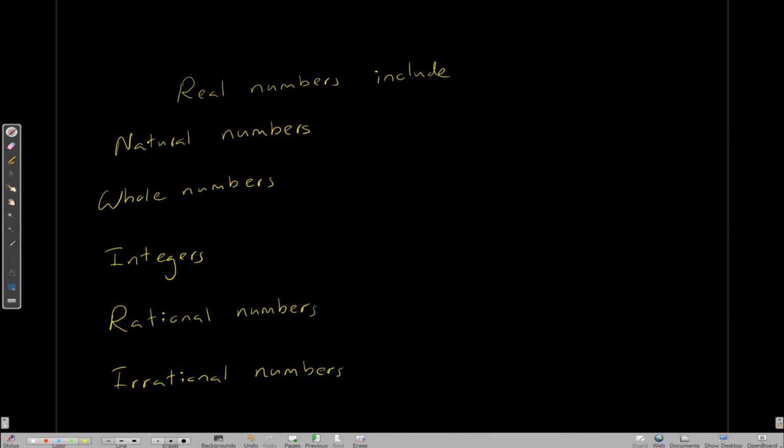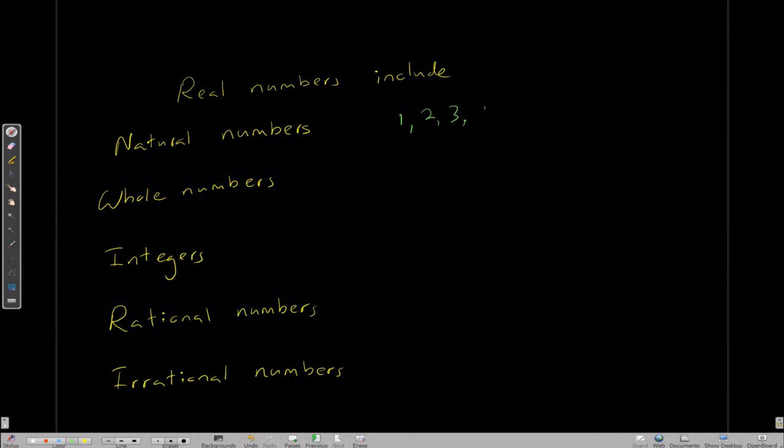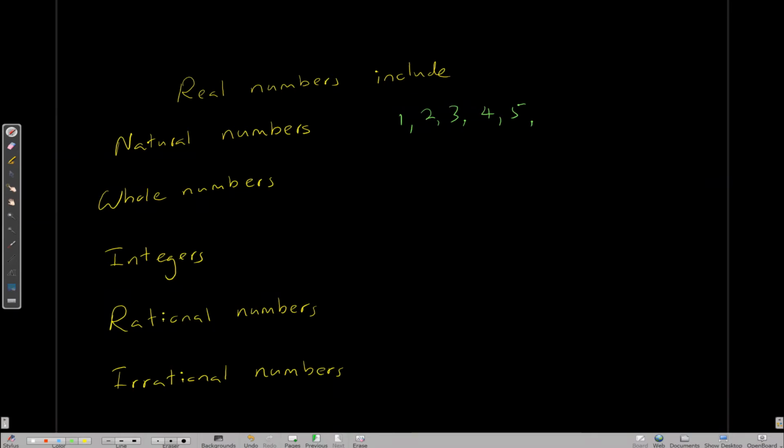Now, natural numbers. Natural numbers are actually these numbers. Why is it so natural? That's how we started everything. That's how mathematics was started. 1, 2, 3, 4, 5, using your fingers, you start to count. So those numbers are natural numbers, right?